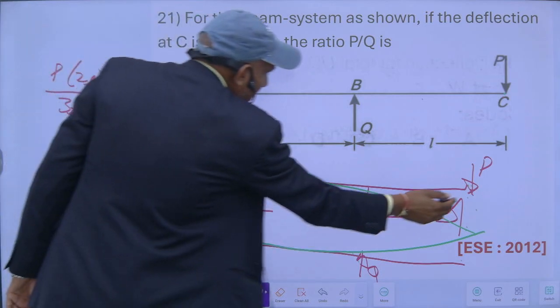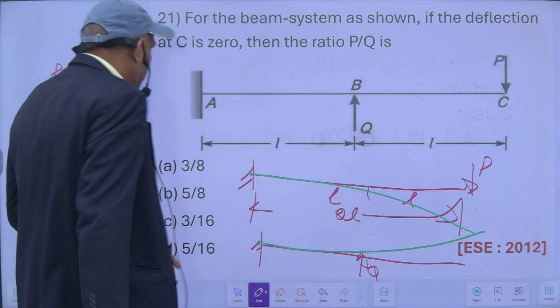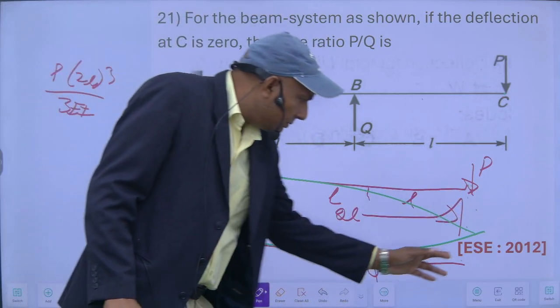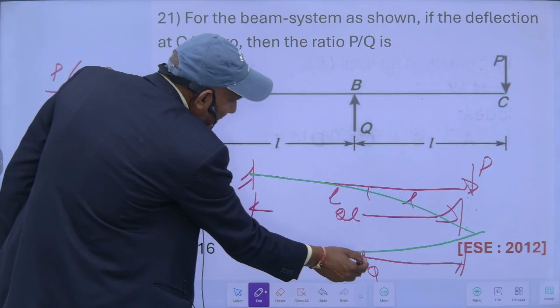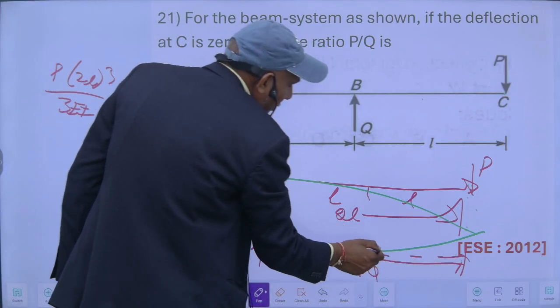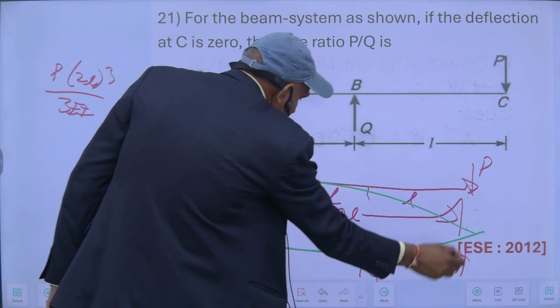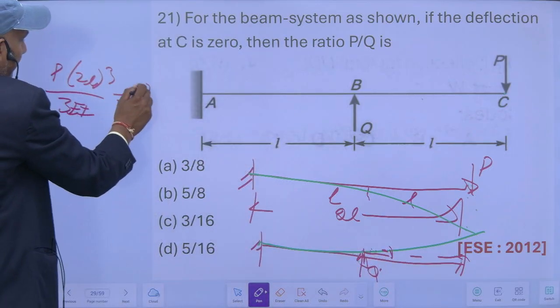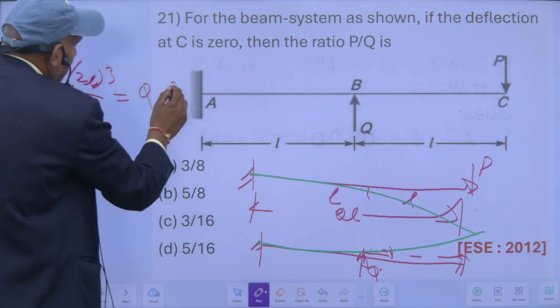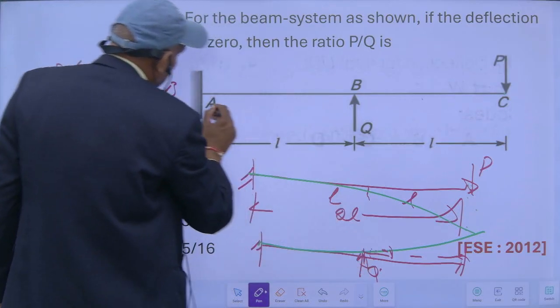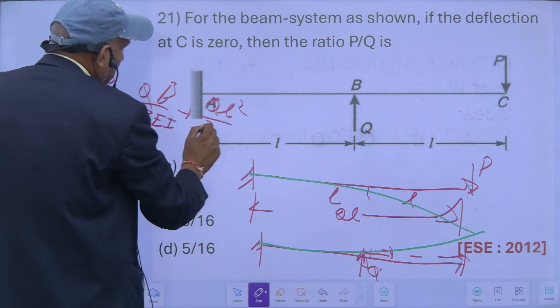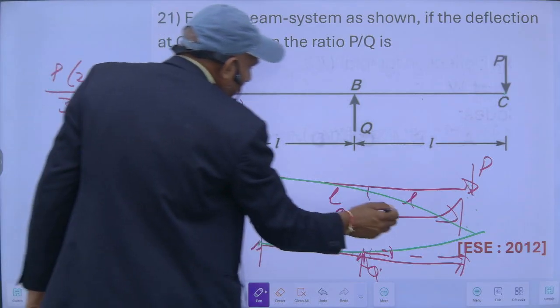This deflection is equal to P into 2L cube upon 3EI, and it will be equal to this deflection, which is the deflection at this point plus the slope here into this distance. So this will be Q into this length plus the slope at this point into this length.